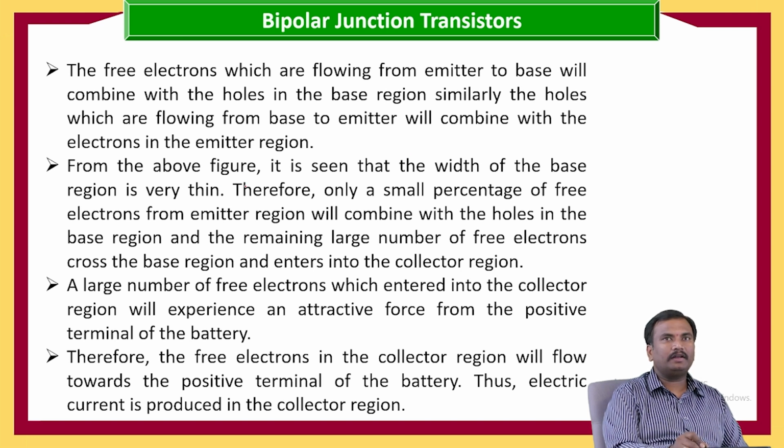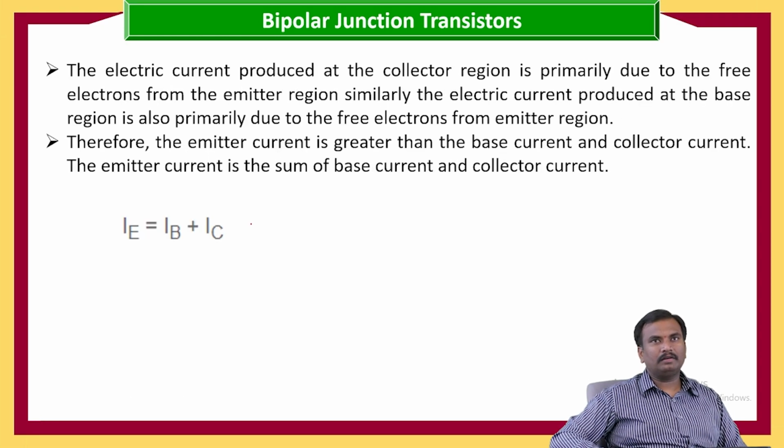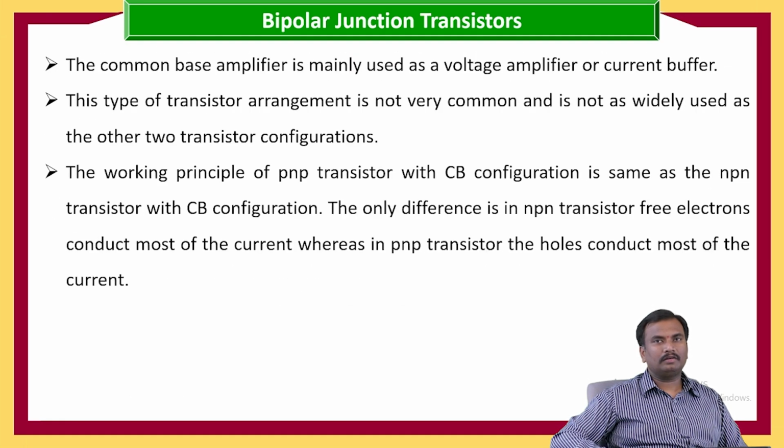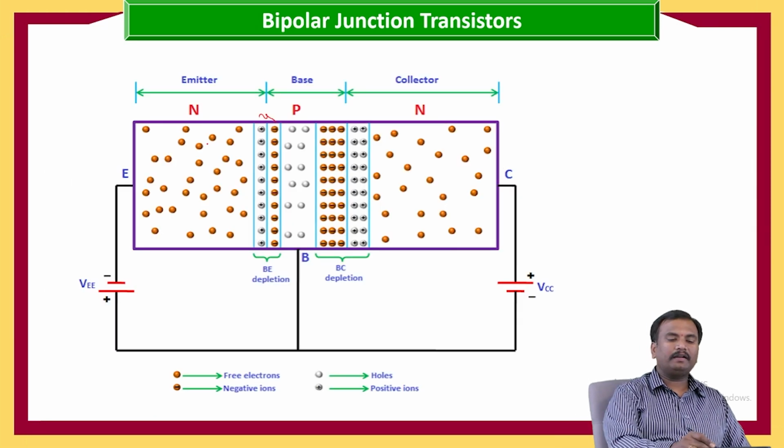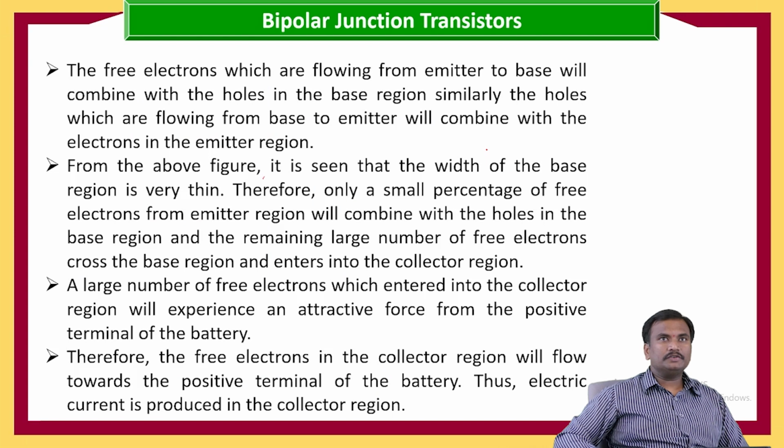From the above figure, it is seen that the width of the base region is very thin. From the figure we can see that the emitter layer has more electrons, the P layer is very small, and the collector layer is moderately doped.